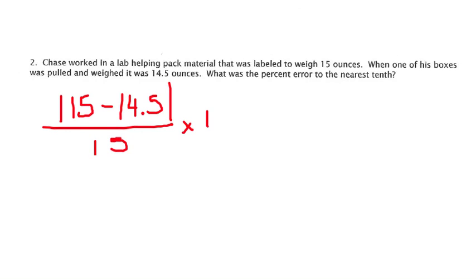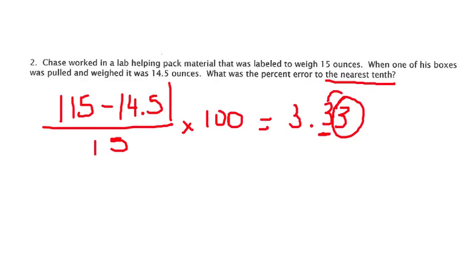Then you multiply it by 100. And so your answer should be 3.33, but it says round to the nearest tenth, so you underline the tenth, you circle the hundredths place, that 3 is going to tell the other 3 to stay the same, so your answer is 3.3%.